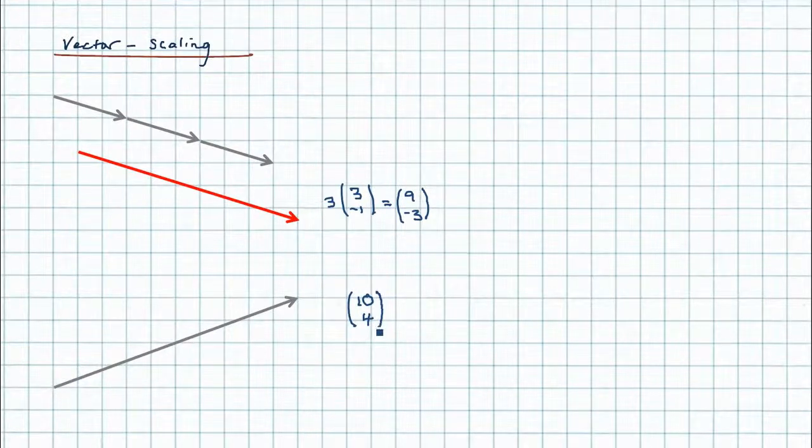So there's our vector. And using the same principle here, if we're going to divide by 4, we're going to quarter. We're going to multiply by a quarter. And let's see what result we would get mathematically, and then check it on our diagram. So a quarter of 10 is going to be 2.5. And a quarter of 4 is 1.